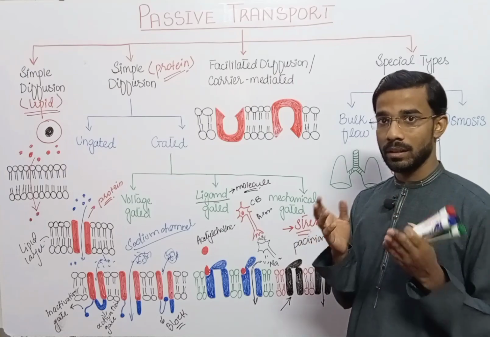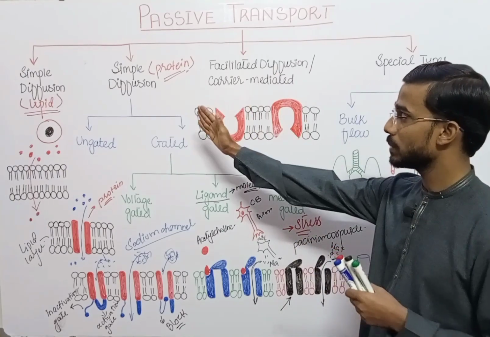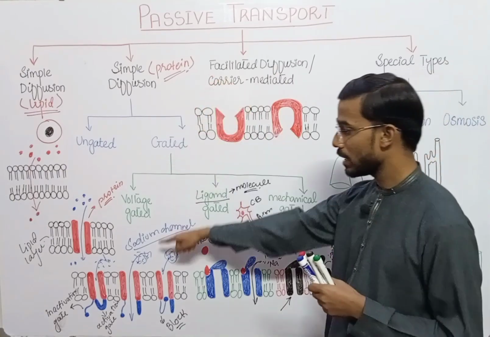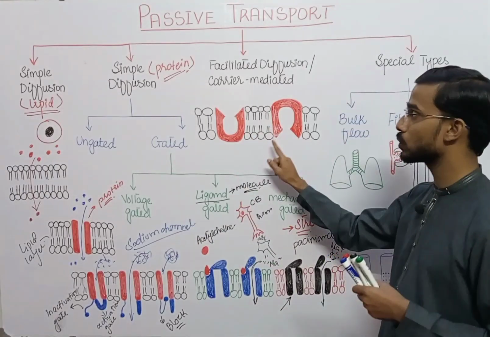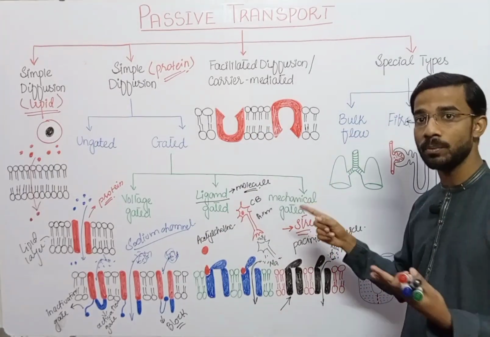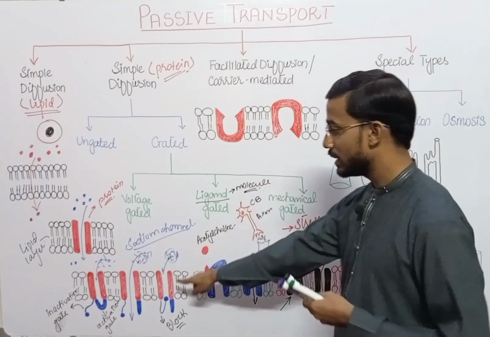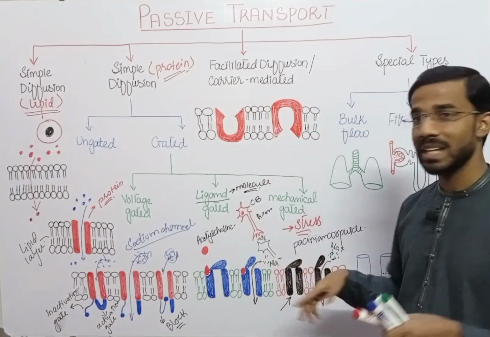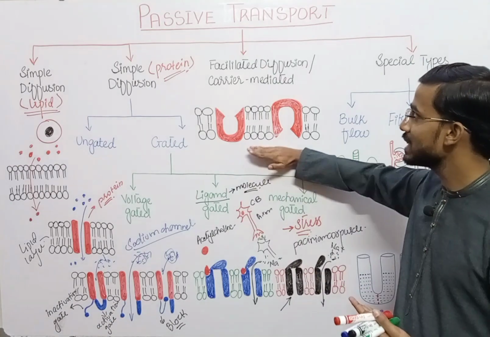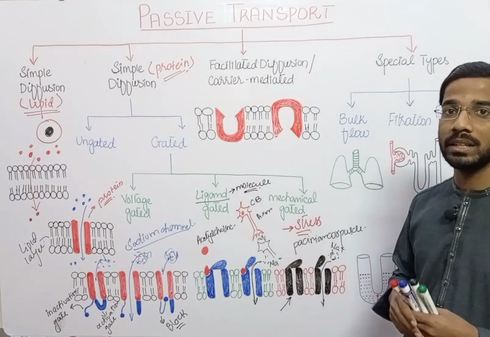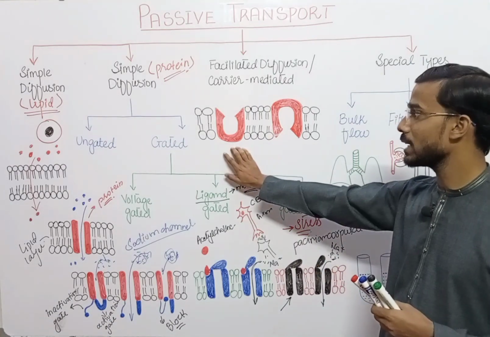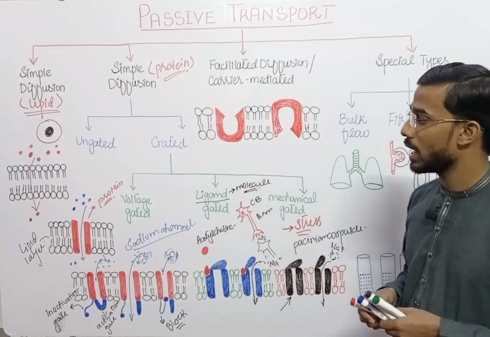There is a difference between simple diffusion through protein and facilitated diffusion. These are proteins, and in facilitated diffusion these are also proteins, but there is a difference. Gated proteins have a channel, but in facilitated diffusion, or carrier mediated diffusion, the carrier proteins have no channel.